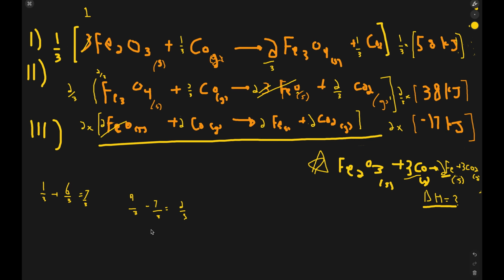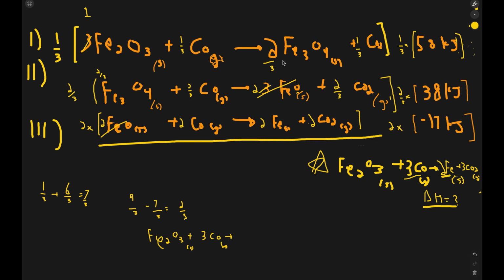All right, we have 1 Fe2O3 plus 1/3 plus 2/3 plus 2 makes 3 carbon monoxide gas in solid. But that's not really important right now.